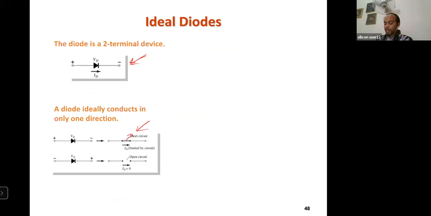It means ID is suddenly infinite. When it switches on, ID will be infinite, and when it is reverse biased or off, it will be completely cut off. That's why it is completely open circuited.